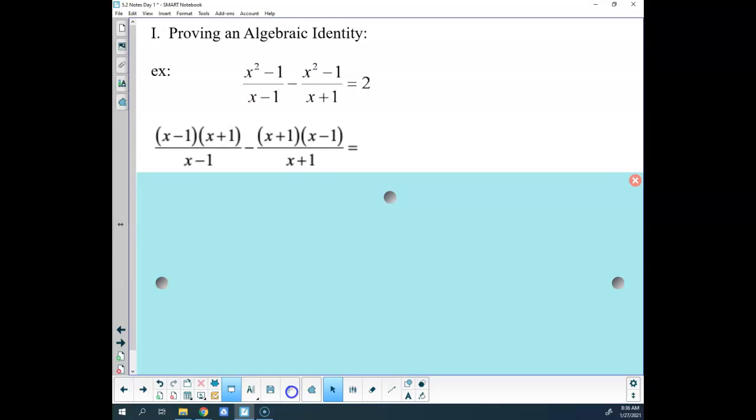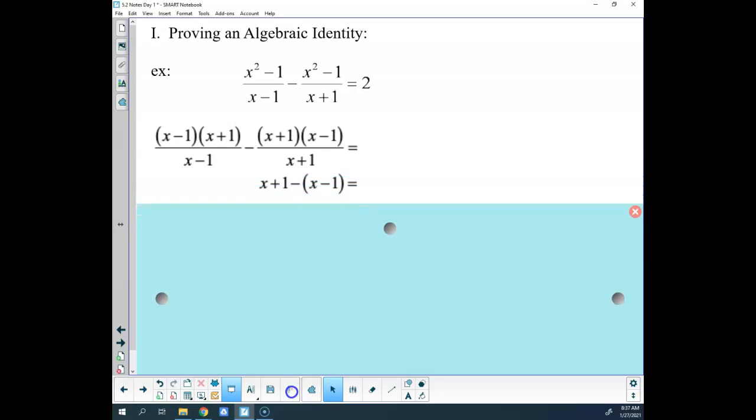X squared minus 1 simplifies to x minus 1 times x plus 1 in both cases. Then this x minus 1 cancels out there, and this x plus 1 cancels out there.